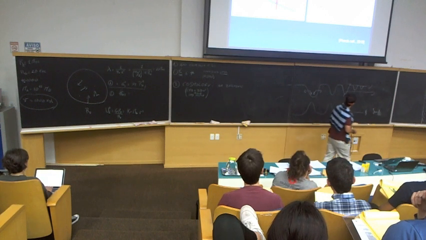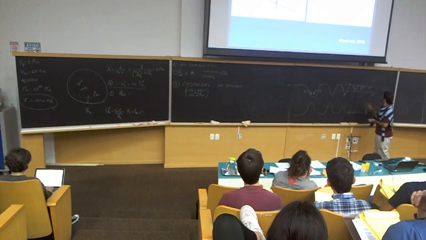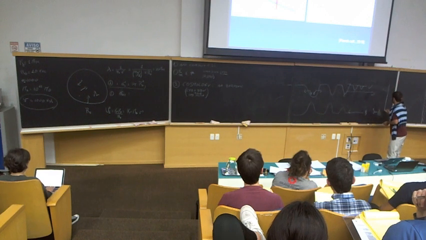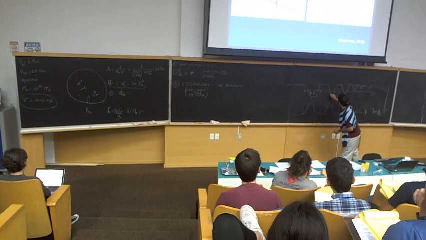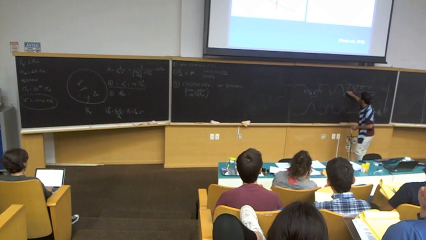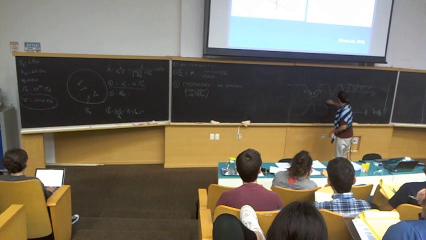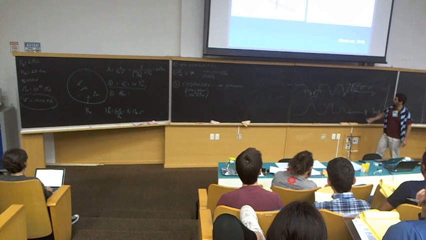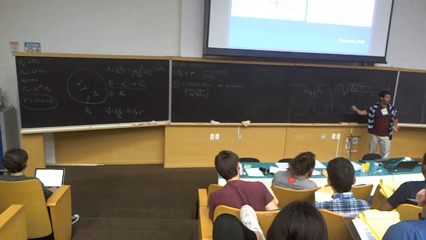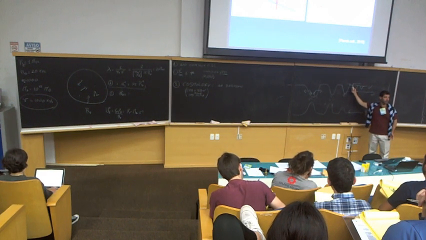So as time evolves, these things become deeper and deeper because more stuff collapses into it, which basically means that the overdensity becomes bigger and bigger. But these ones do not. These ones will collapse and form a halo, and these ones will not.